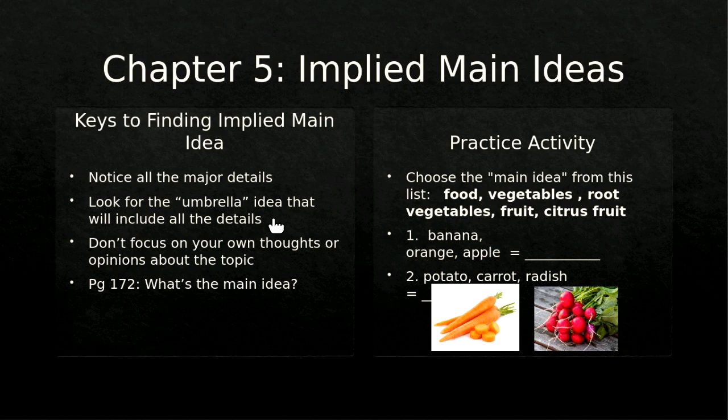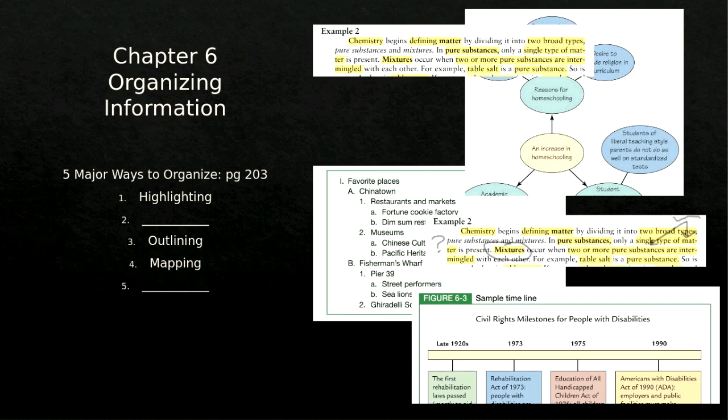Okay. Yeah, so let's continue. Let's go to chapter 6, and I want to talk about organizing information, okay? So you can look in your book at page 203. 203. Okay, so you guys are going to help me here.